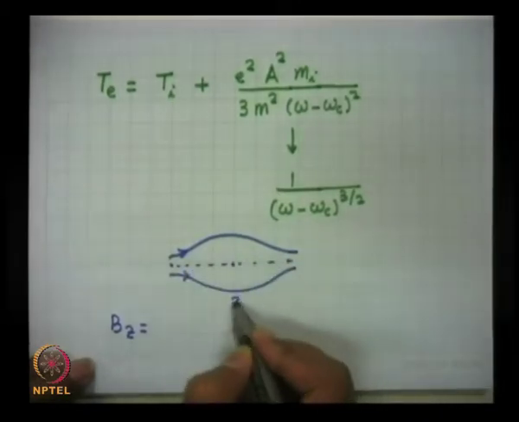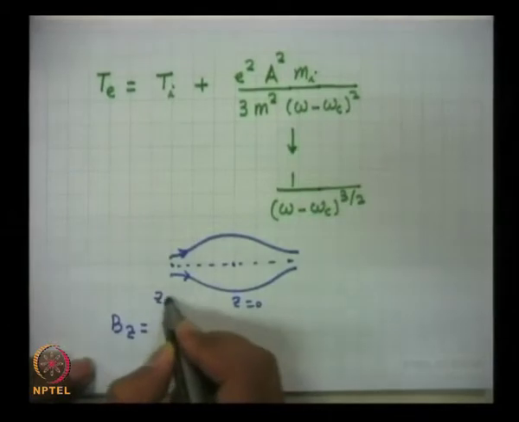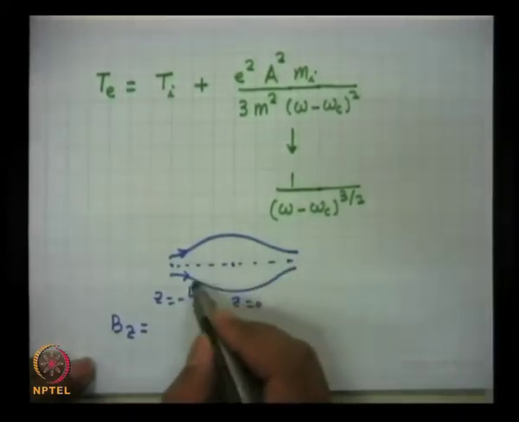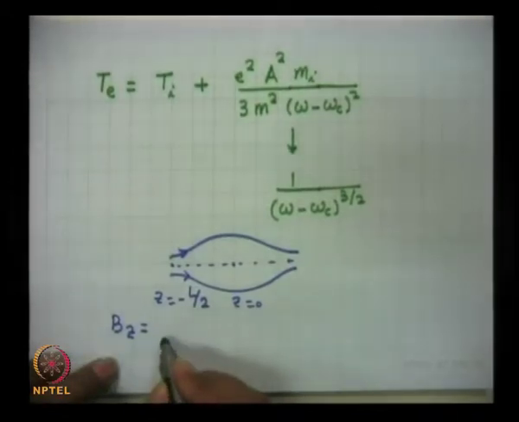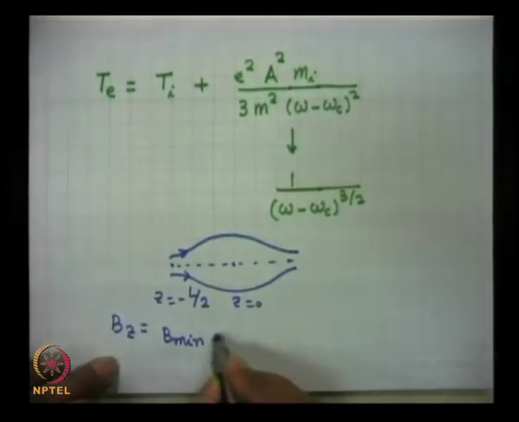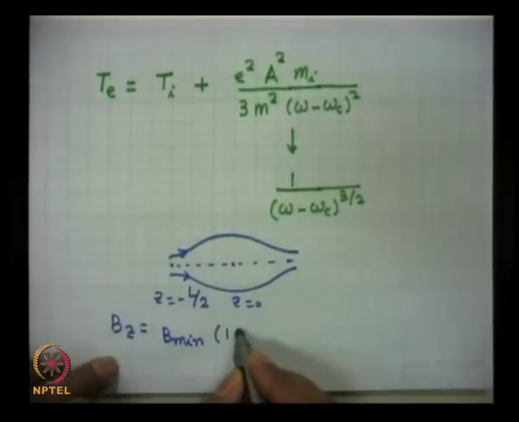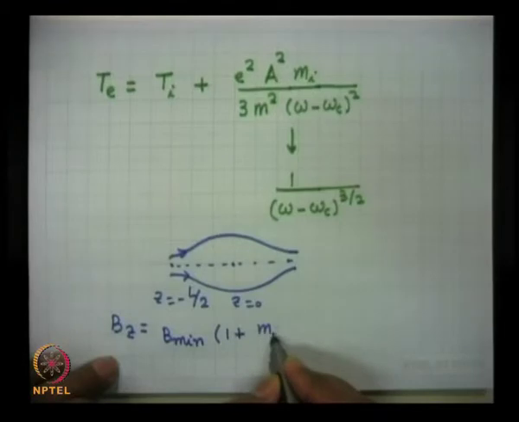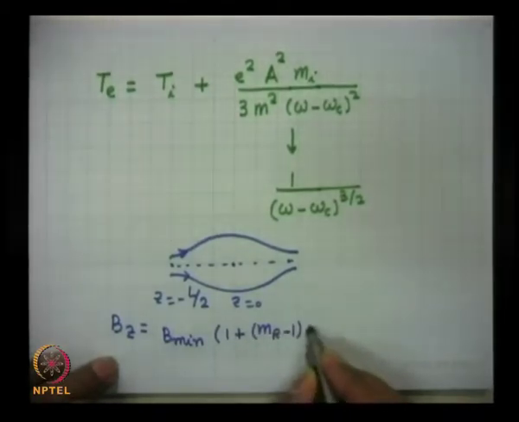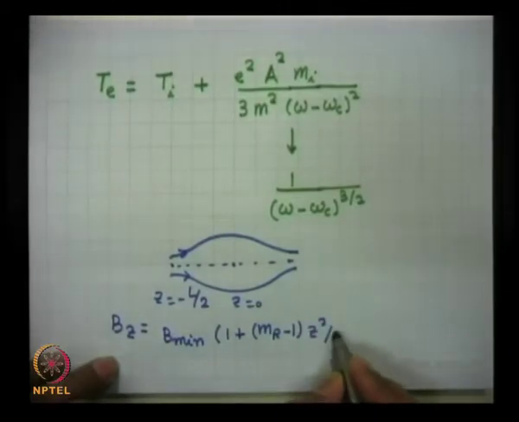This is z equal to 0, this is z equal to minus L by 2, where L is the length of the machine, so L by 2 is the half length. Bz I can write down as B minimum into 1 plus (mirror ratio Mr minus 1) into z square by L square by 4.